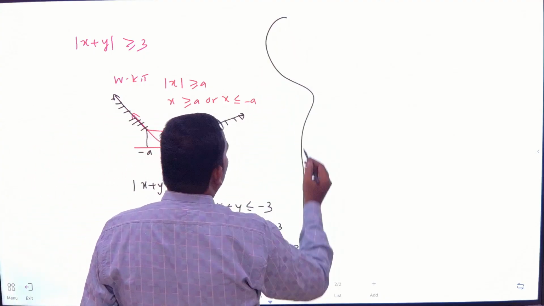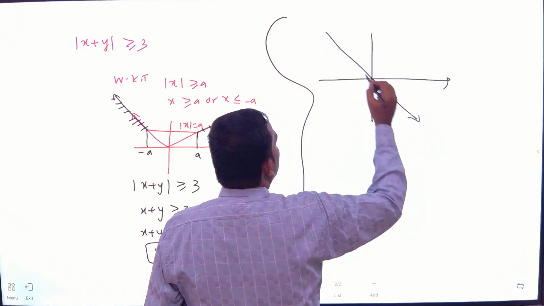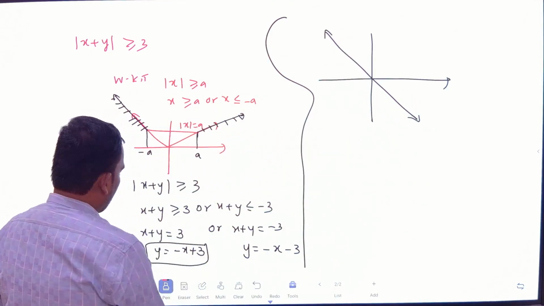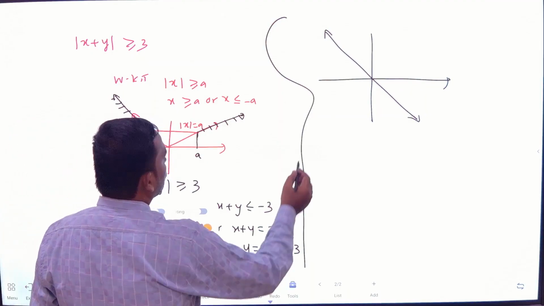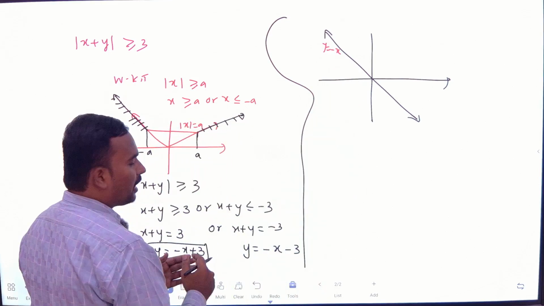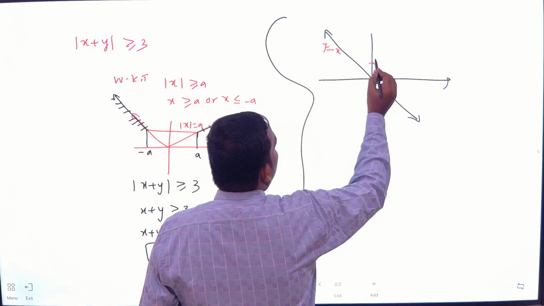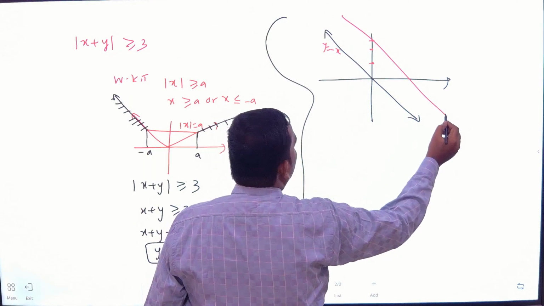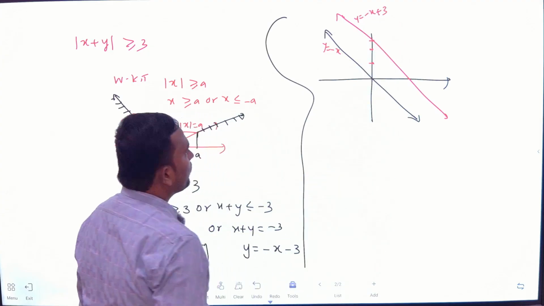First you can draw y is equal to minus x. It passes through the origin. Then you shift 3 units up, 1, 2, 3 units up. This is the graph of y is equal to minus x plus 3.